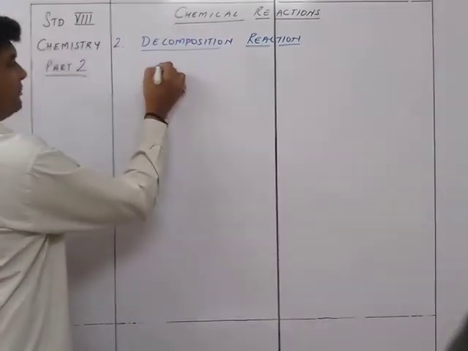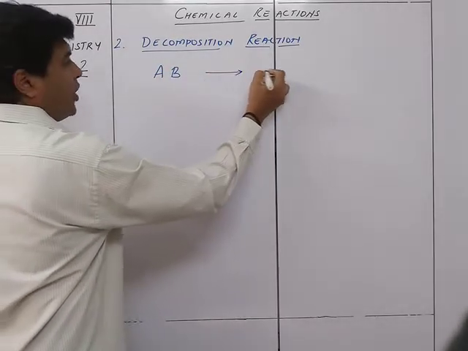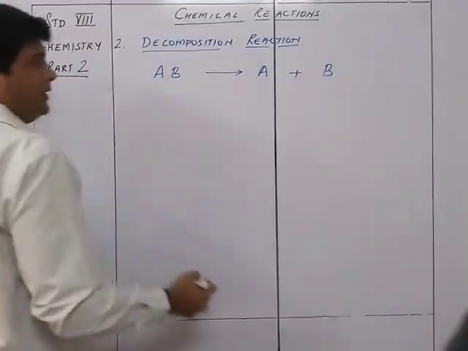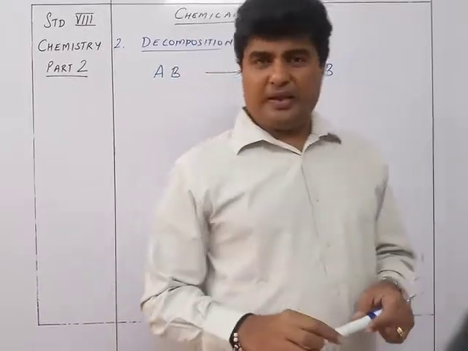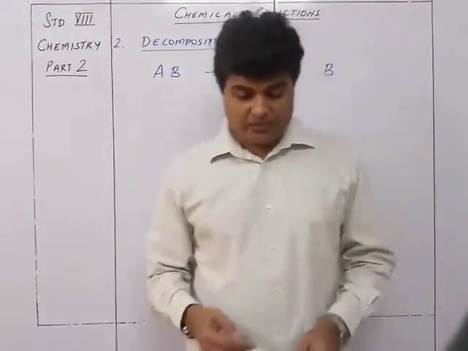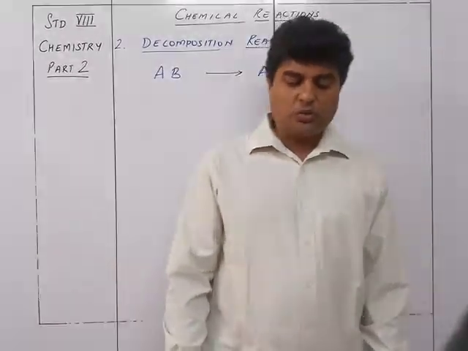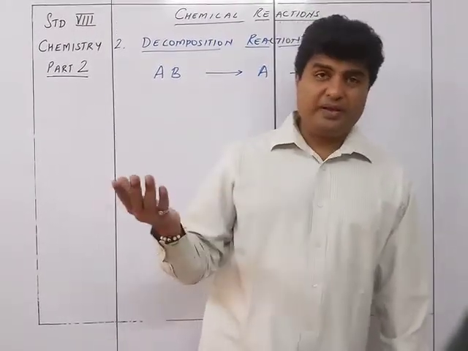The general formula of a decomposition reaction will be AB forms A plus B. It is a chemical reaction in which a compound decomposes to give two elements, that is AB gives you A plus B, that is two elements.